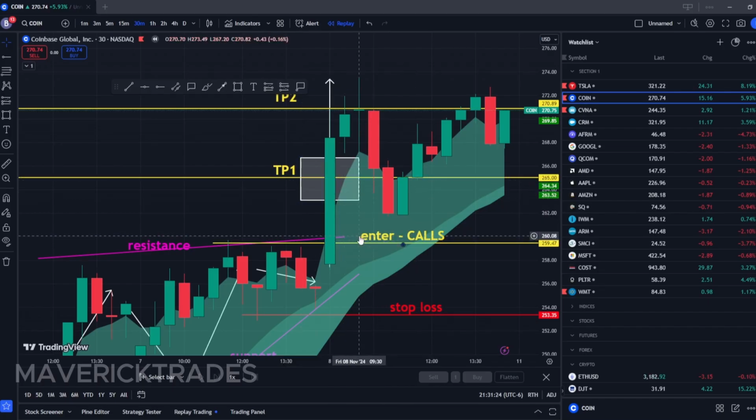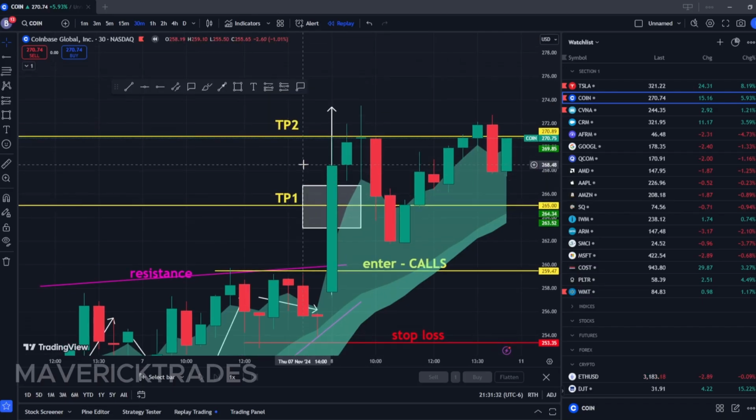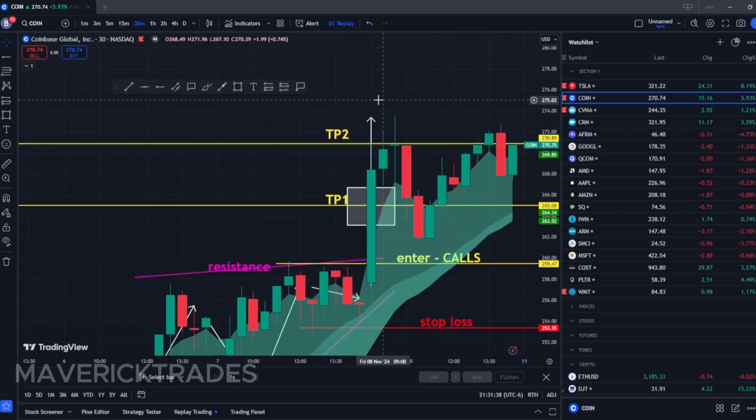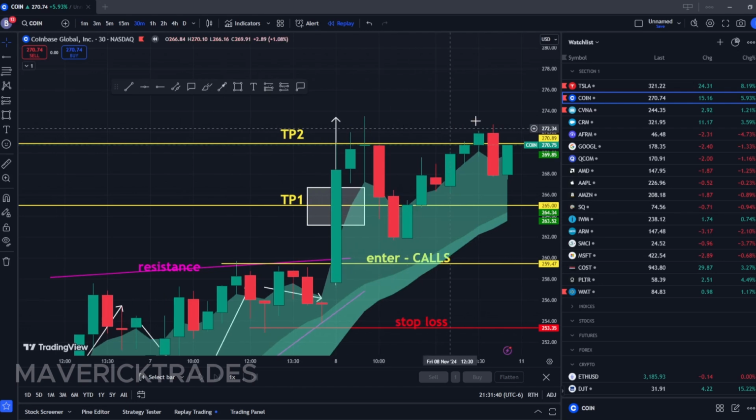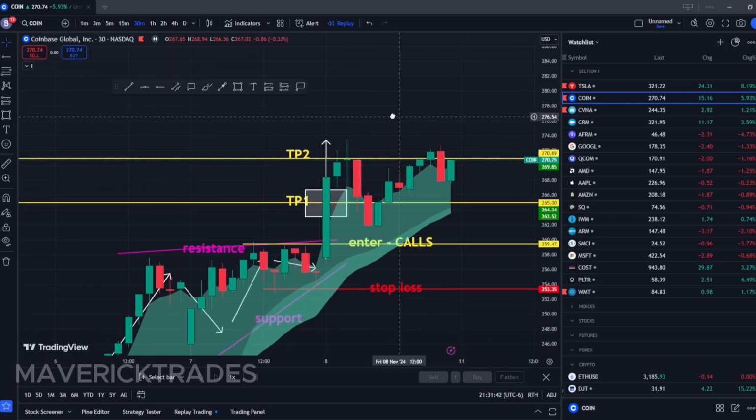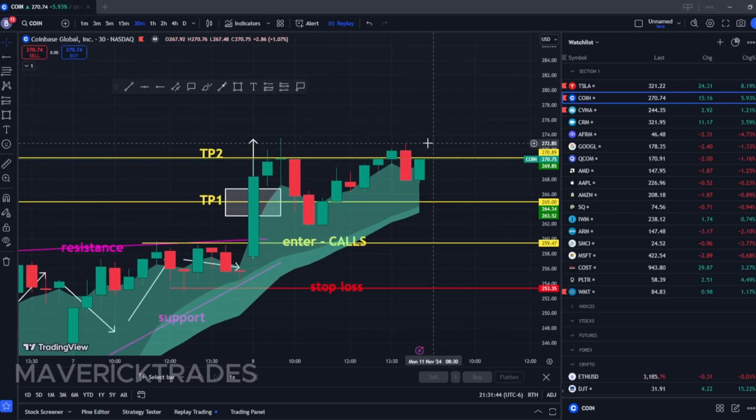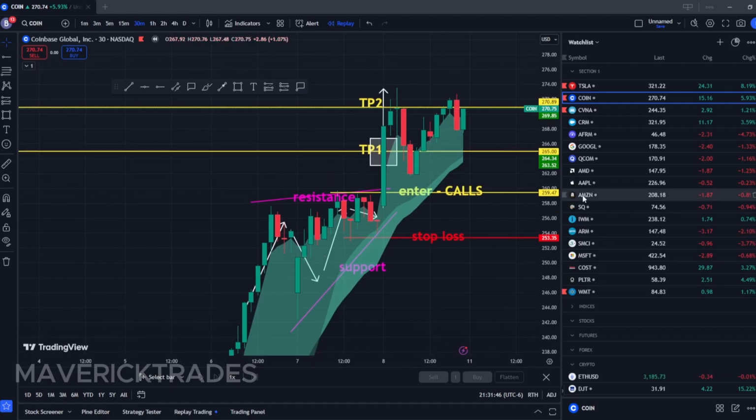So 260, enter calls. As it's going above 263, you're going to be in the profit. So if TP1 hits, amazing. If you want TP2 to hit and you're still holding, great.